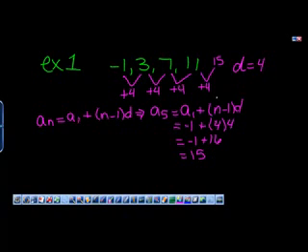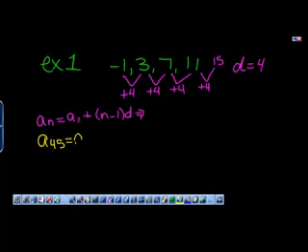You certainly don't want to be adding 4 for another 40 or so terms. So let's use our formula here to find the 45th term. So again, we will start with our first term, negative 1, and we'll add the number of terms we want, 45, minus 1, multiplied by the difference. We're still dealing with the same sequence, so our difference is still 4.